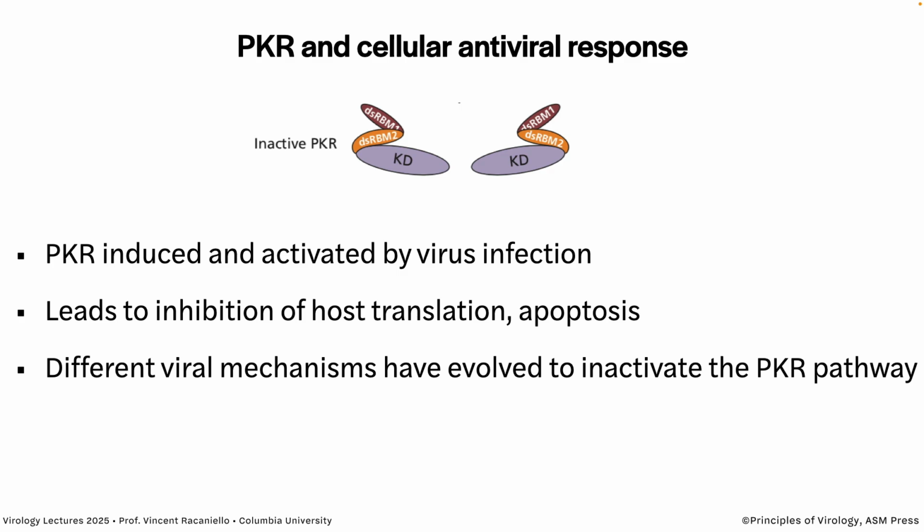And as I've shown you, it leads to phosphorylation of EIF2 alpha, which shuts down host translation. It will also lead to apoptosis. Phosphorylation of EIF2 alpha leads to apoptosis, which is programmed cell death. So basically, the cell is killing itself to prevent virus multiplication. But viruses have evolved many mechanisms to inactivate this pathway.